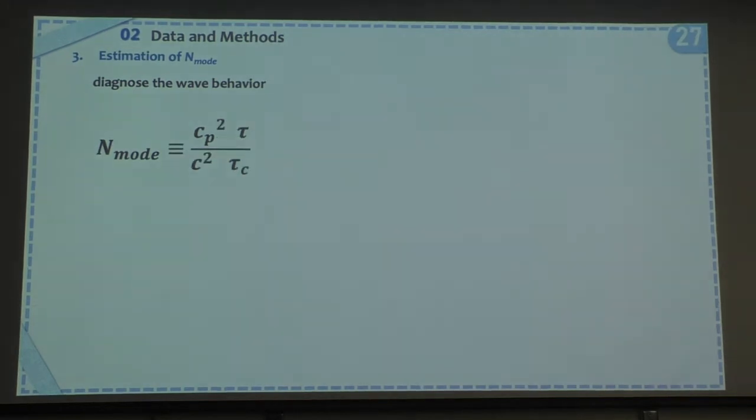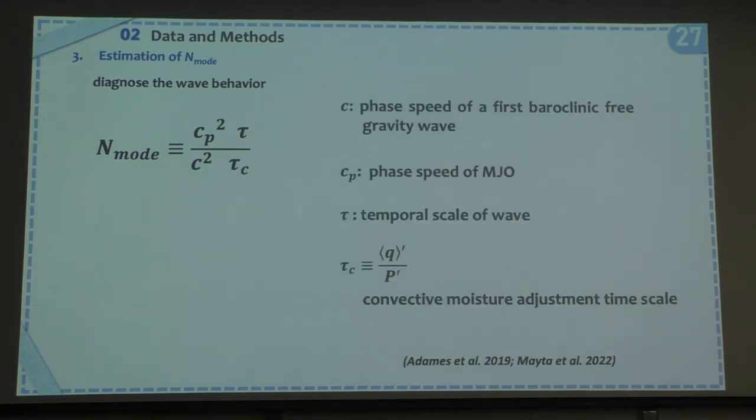The N mode is defined by this expression. There, we need to estimate the phase speed of a gravity wave, MJO. Tau is the temporal scale of the wave. Tau C is the convective moisture adjustment time scale.